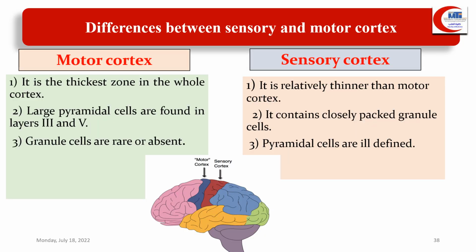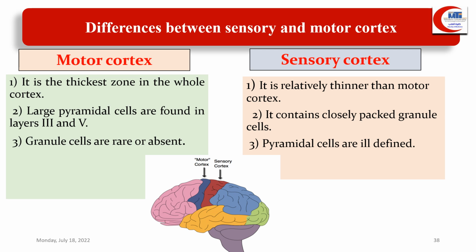What about the difference between sensory and motor cortex? Is there any difference? Yes, there is a difference between motor and sensory cortex. As regards motor cortex, it is the thickest zone in the whole cortex, so it is thick. Number two, it has large pyramidal cells found in layers 3 and 5. The third difference, granule cells are rare or absent. What about sensory cortex?